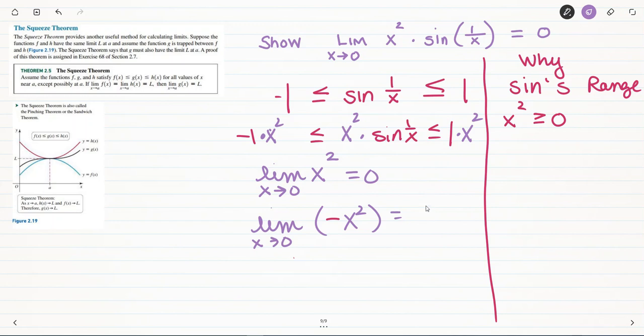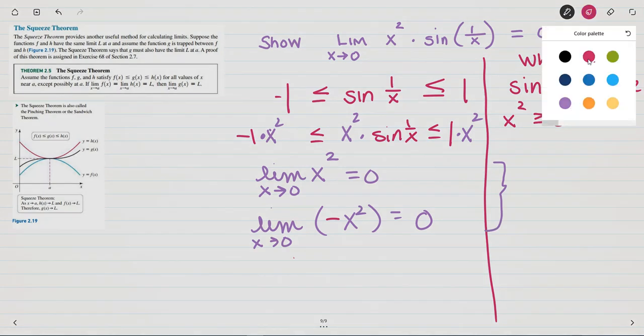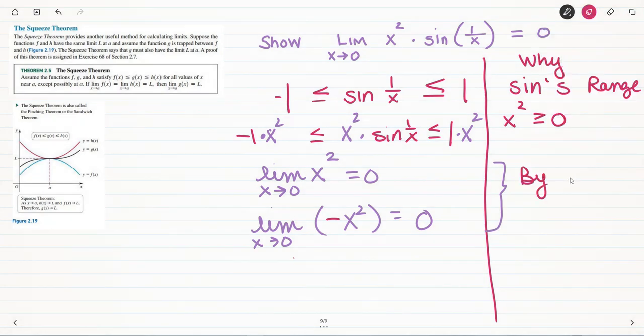I know that that's also, if I direct substitution, replace the x with a 0, I get a 0. And the reason here for both of these I could state is by direct substitution. By direct substitution, I've got that the limit of x squared as x approaches 0 is 0. And by direct substitution, I have that the limit of the opposite of x squared as x approaches 0 is also 0.